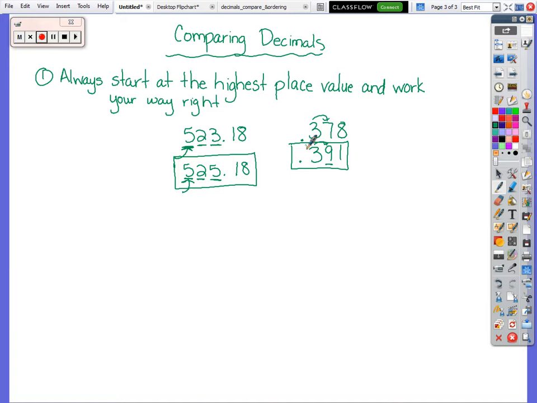The second thing you need to know is you are going to fill in zeros. Remember how we've been talking about zeros as placeholders? You're going to fill in zeros and make them placeholders, so that when we start comparing, all of your numbers have the same number of digits.